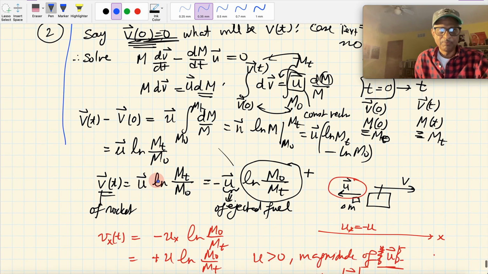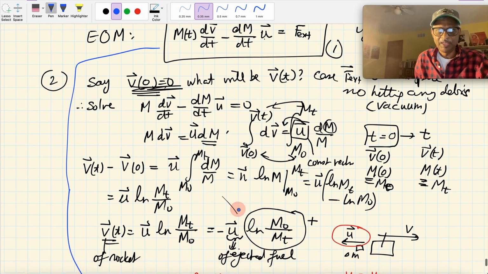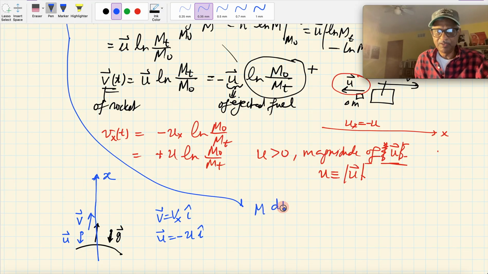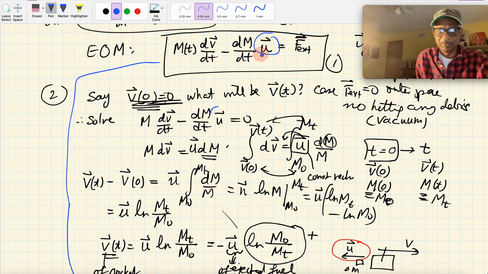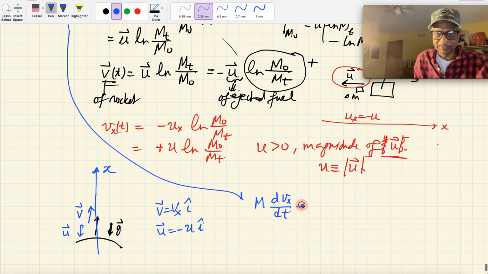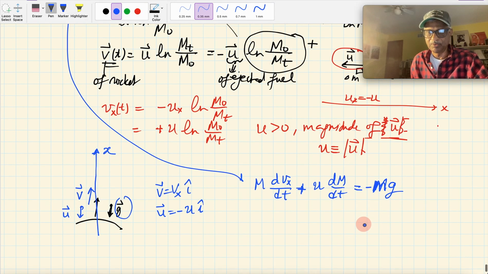So m dVx/dt, this minus u vector, minus u sub x, is minus minus becomes a plus u dm/dt, and the other side is going to be negative, minus Mg, big M. Okay, same. These m's are all same.